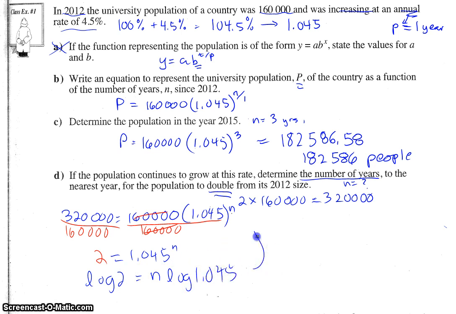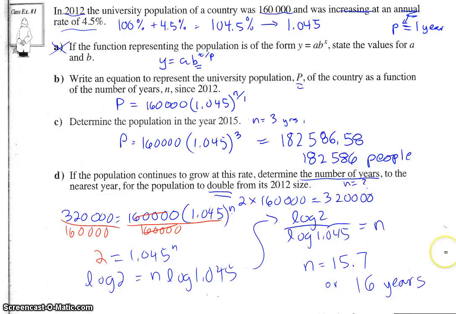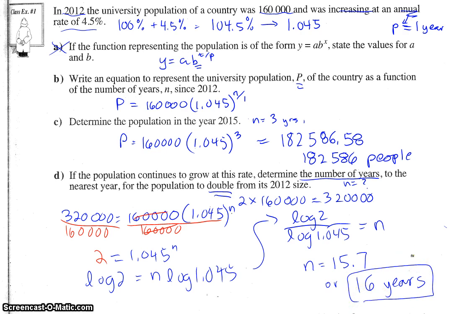Okay, and then finally divide log base 2 divided by log 1.045, so we can get the n isolated on the right hand side, and off to the calculator to figure out that value. Okay, so when we put that in our calculator, we should have gotten n equals 15.7, or if they want it to the nearest year, we'd say 16 years. Okay, hopefully you got that as well. Let's look at the next example.